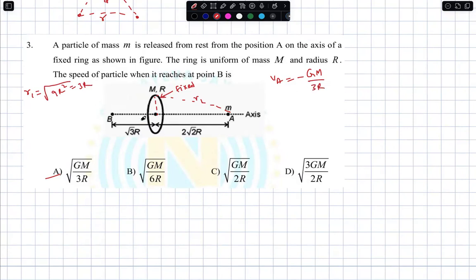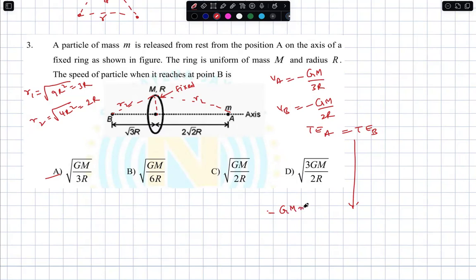Minus GM by 3R. Similarly, at B, the potential is root 4R square, which is nothing but 2R. VA is this. VB is this. Right. So, you apply energy conservation. Total energy at A is equal to total energy at B. So, minus G capital M small m by 3R is equal to minus G capital M small m by 2R plus half m VB square.